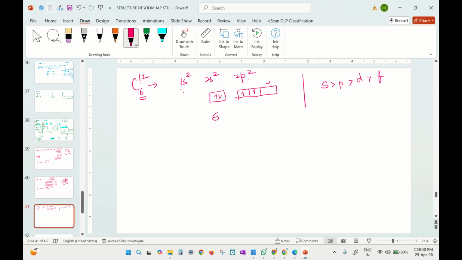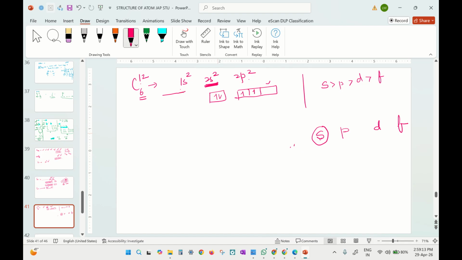Whenever we look at any particular shell, it is the s which gets the electron first, then only p, then only d, then only f. Why? Because the energy of an electron in s is very less and it is very well attracted by the nucleus. So both the electrons are well attracted by the nucleus.